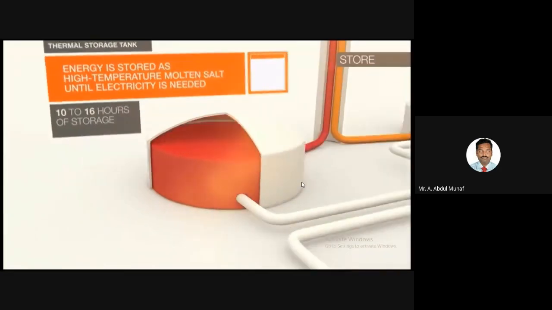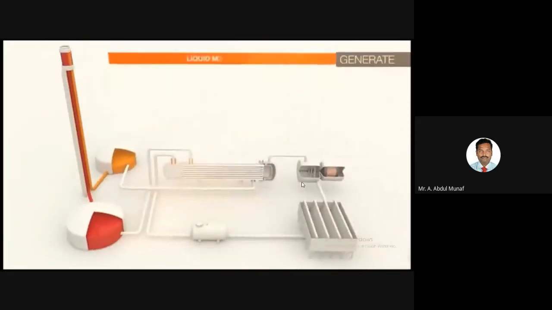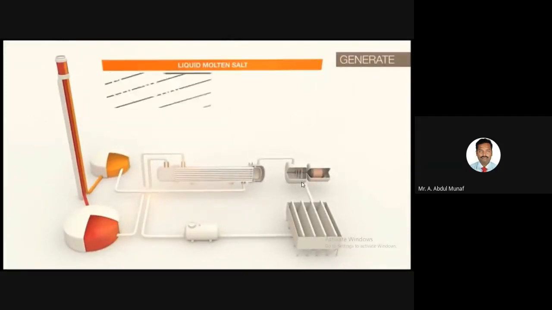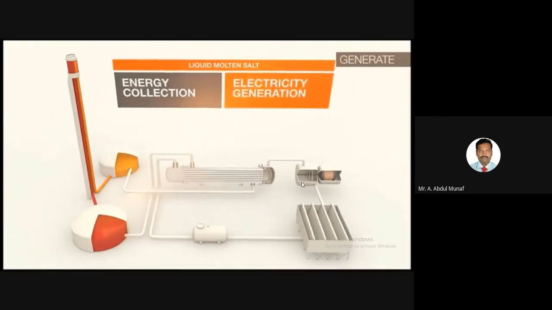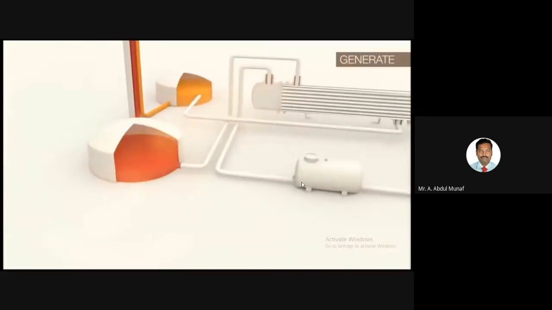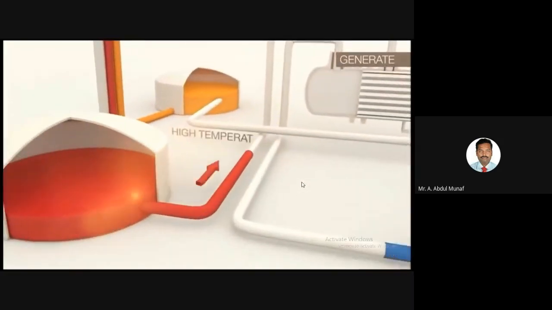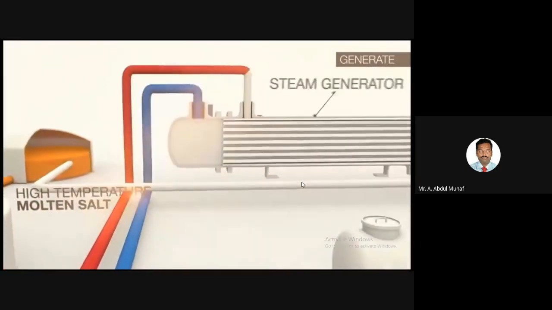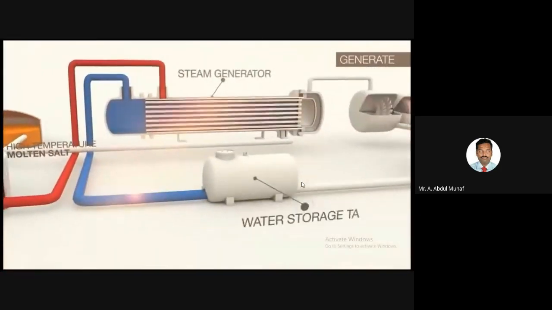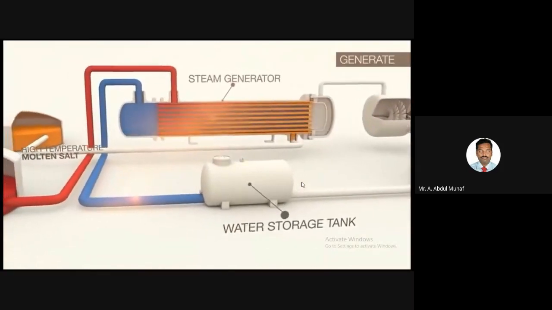This technology leverages liquid molten salt as both the energy collection and the storage mechanism, which allows it to separate energy collection from electricity generation. When electricity is required by the utility day or night, the high temperature molten salt flows into the steam generator as water is piped in from the water storage tank to generate steam.